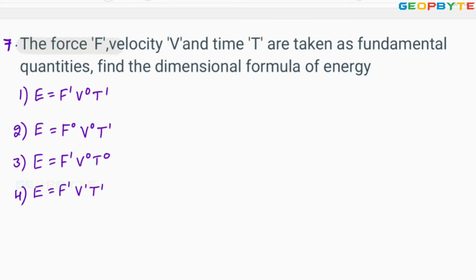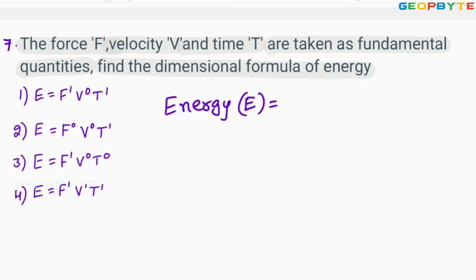The force F, velocity V, and time t are taken as fundamental quantities. Find the dimensional formula of energy. You are asked to decide the dimensional formula of energy. As you know, energy is in joule.